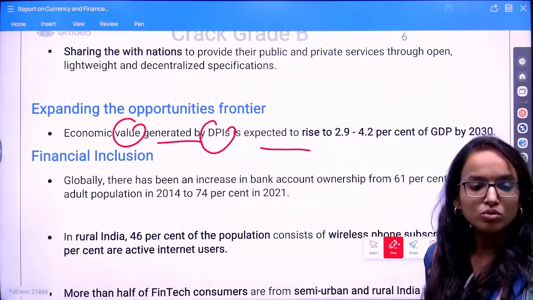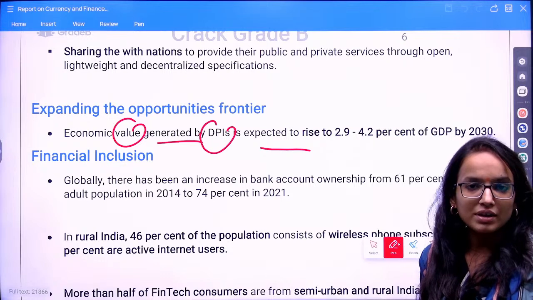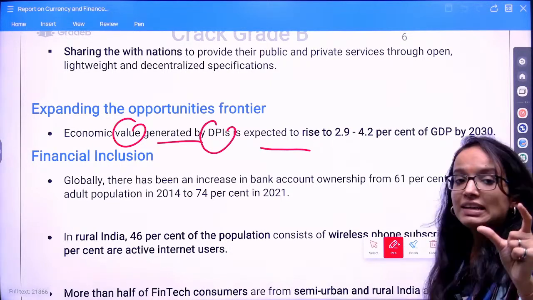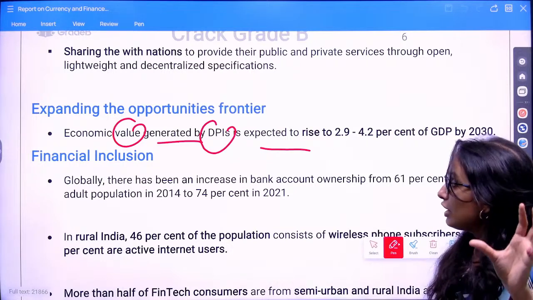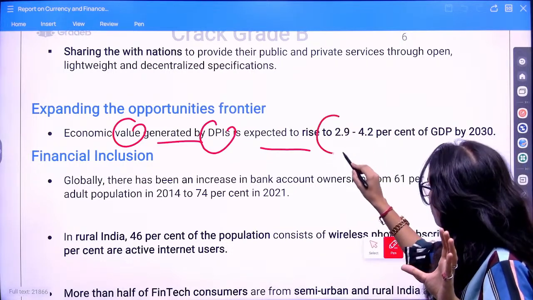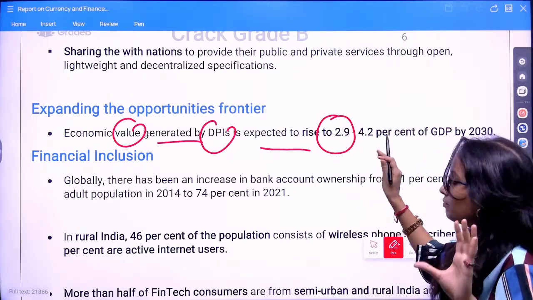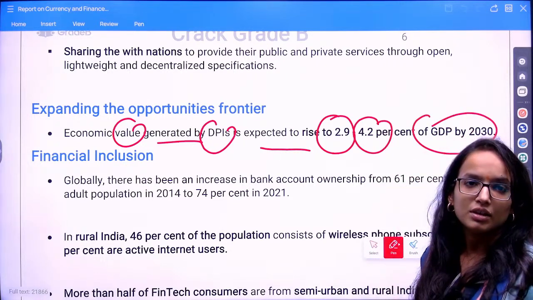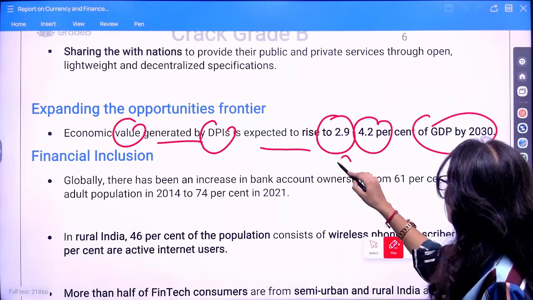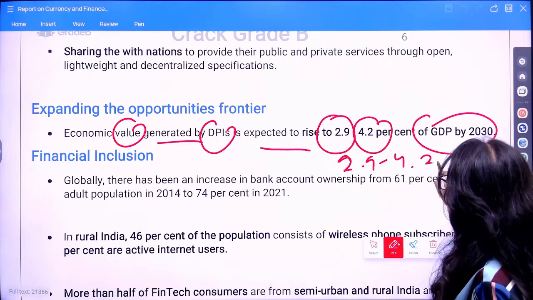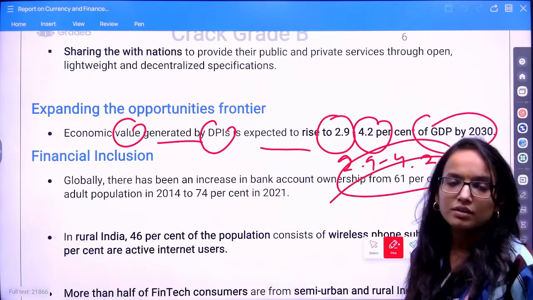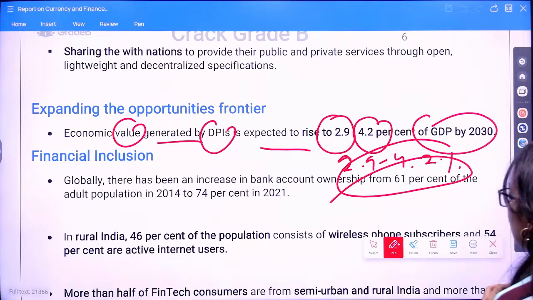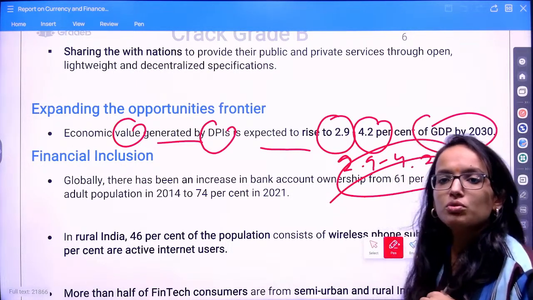Now, DPI is not only increasing the scope of e-governance, transactions and digital economy. The economic value generated by digital public infrastructure is also expected to rise to within the range of 2.9 to 4.2% of GDP by 2030. So this is the range you should remember, 2.9 to 4.2% of GDP for India by 2030.